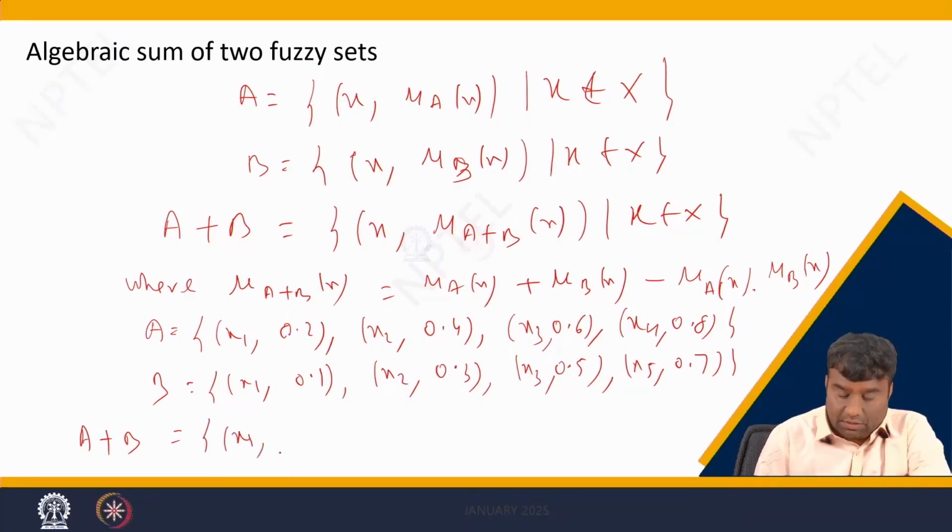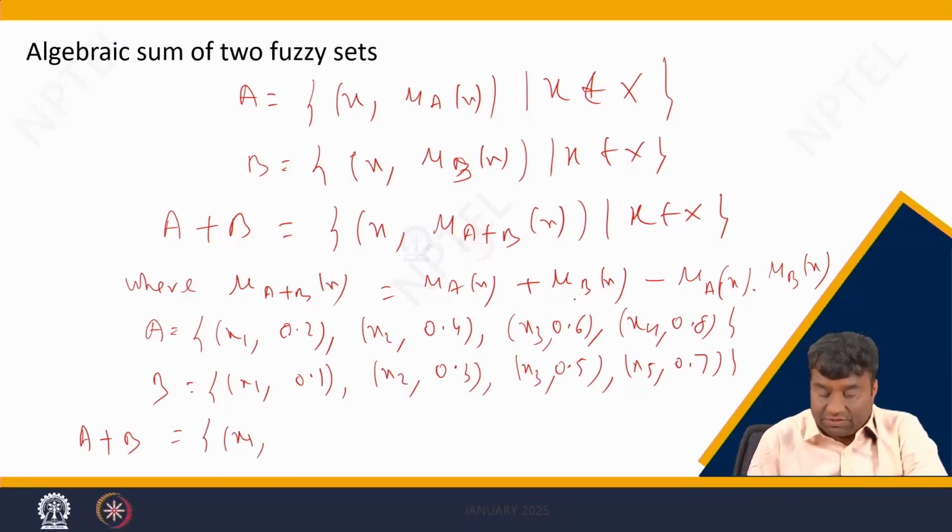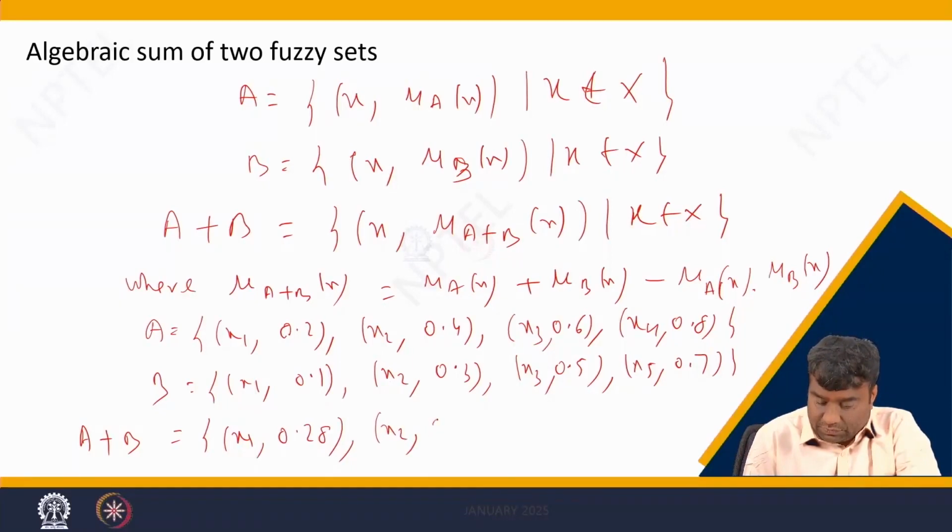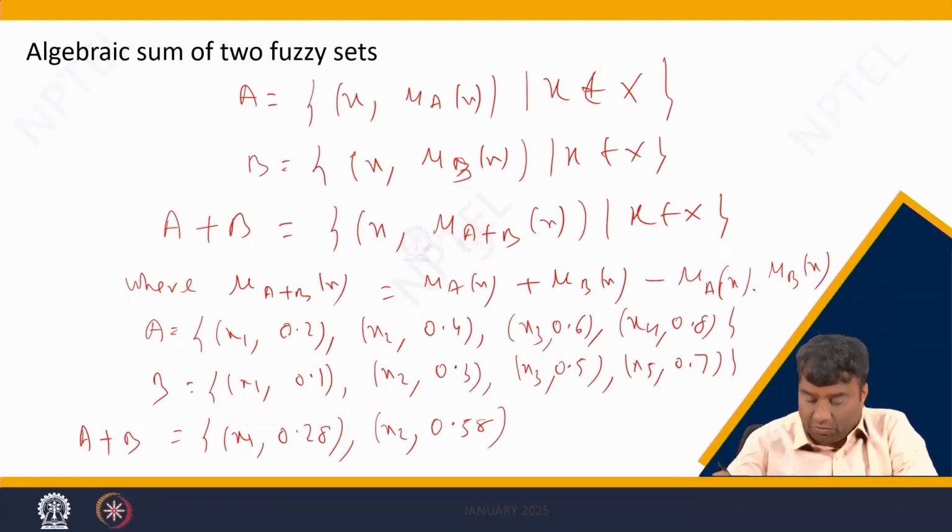x1: 0.2 plus 0.1 will be 0.3, minus 0.02, so you will get 0.28. Next, x2: 0.4 plus 0.3 is 0.7 minus 0.12, so 0.58.